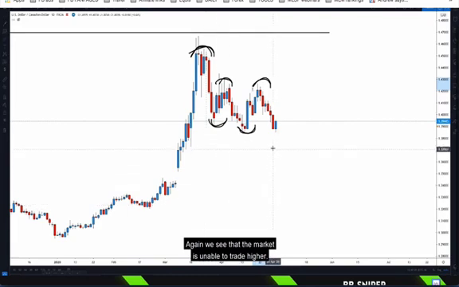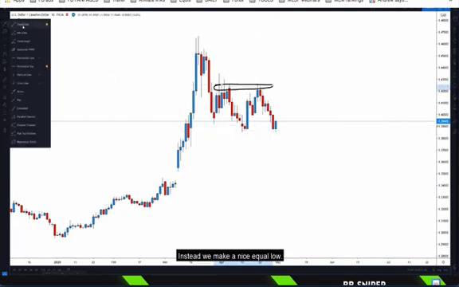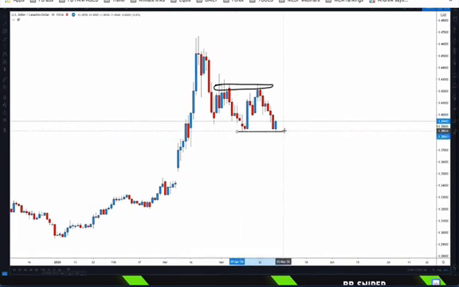Again, we see that the market is unable to trade higher, and instead we make a nice equal low.